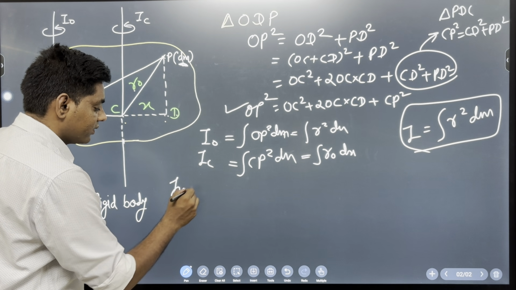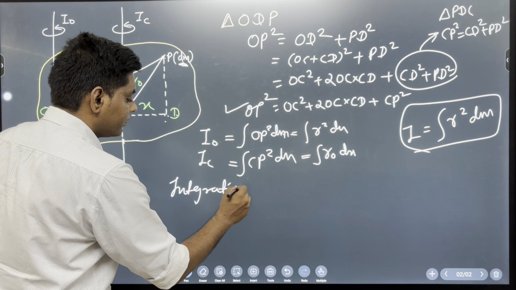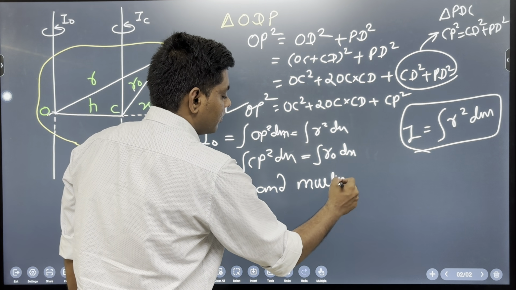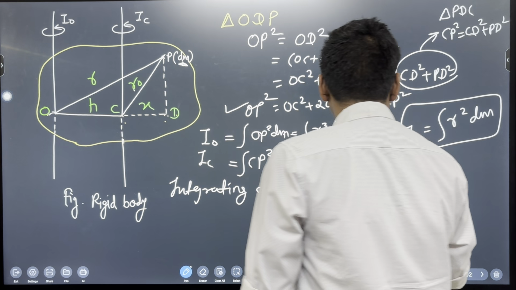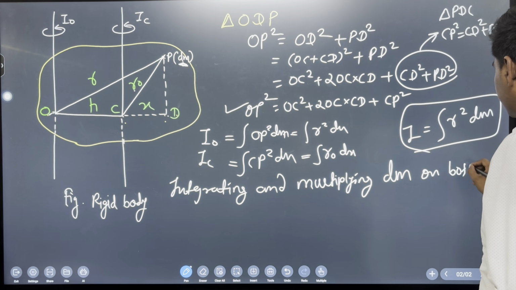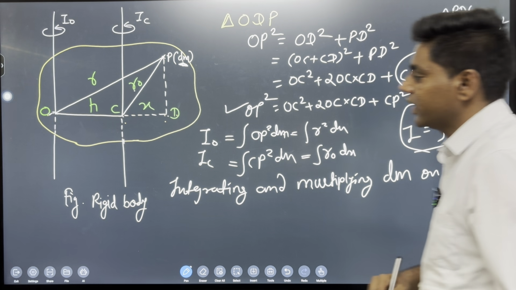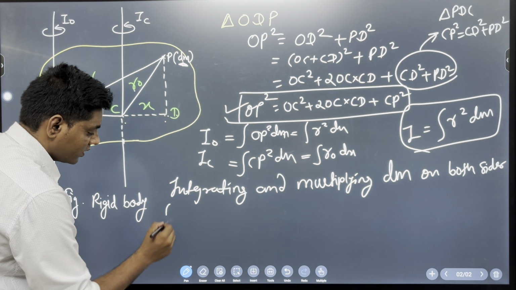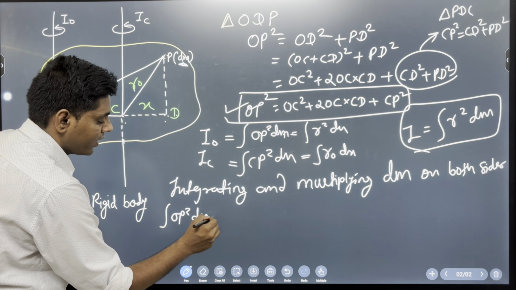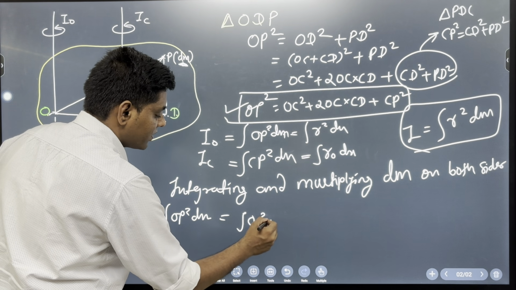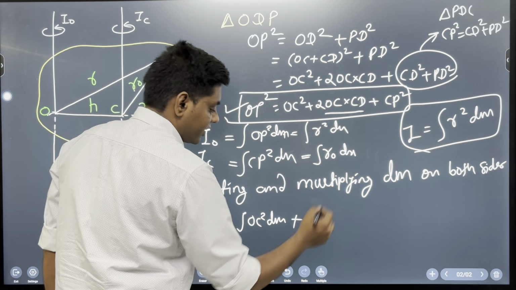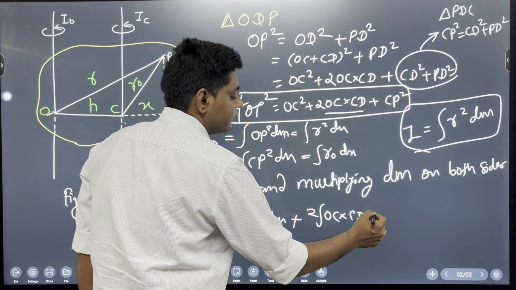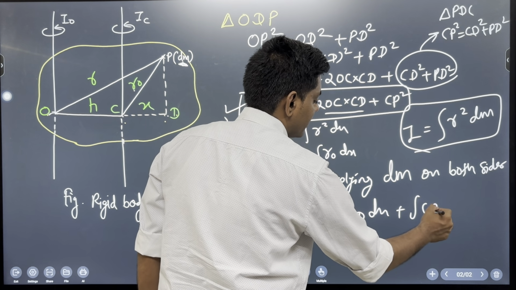So that is integration OP square dm equals integration OC square dm plus 2 times integration OC into CD dm plus integration CP square dm.